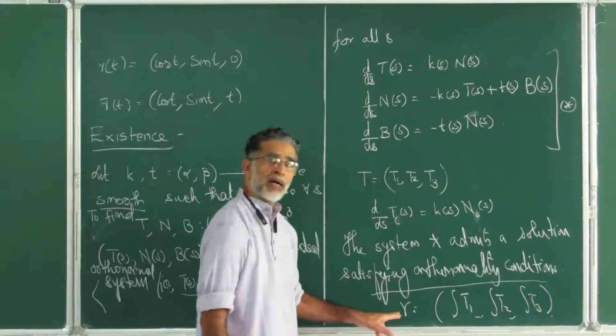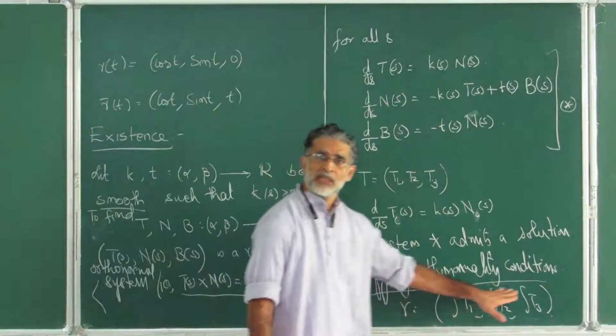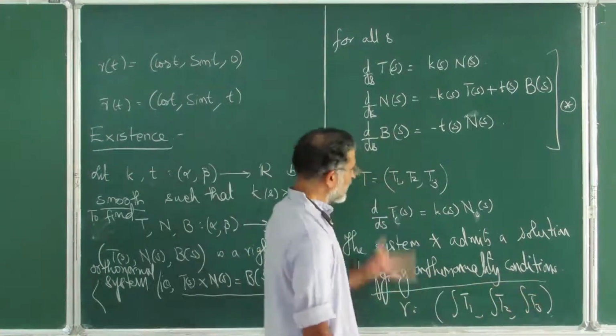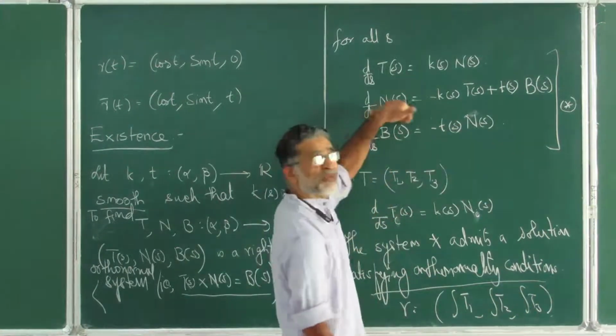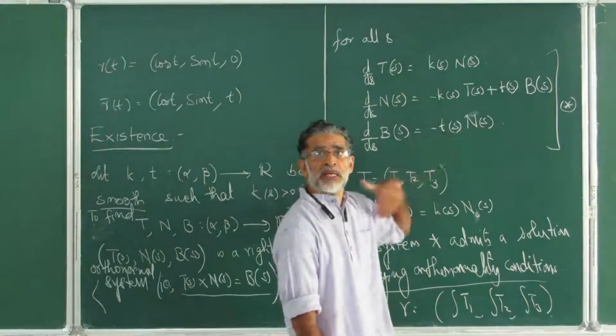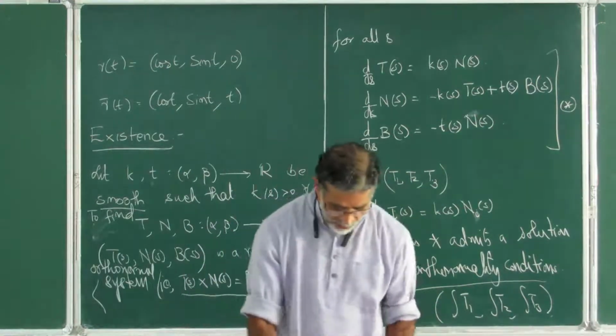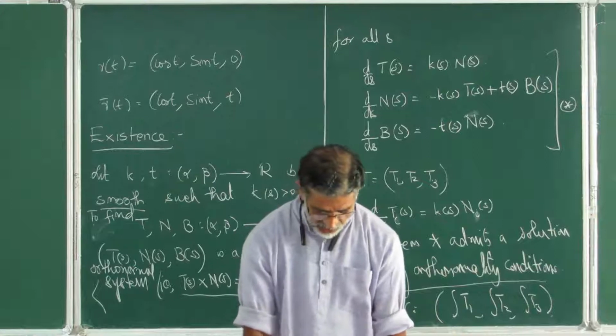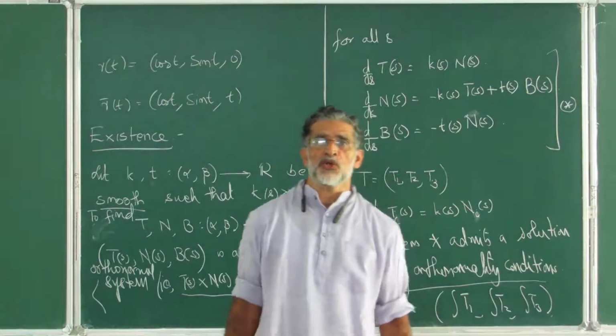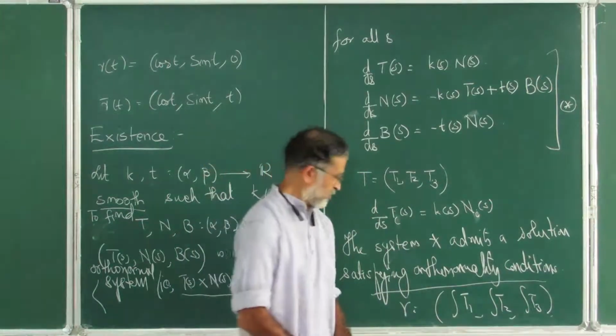That gives you a gamma. So gamma dot is going to be T1, T2, T3, then T, and then the rest of them, because it satisfies this condition, you can immediately get the rest. So that is the general principle. So existence is more of existence of solutions of differential equations.